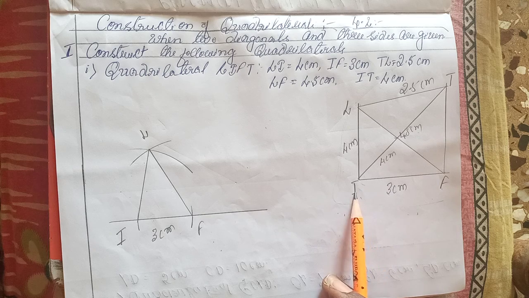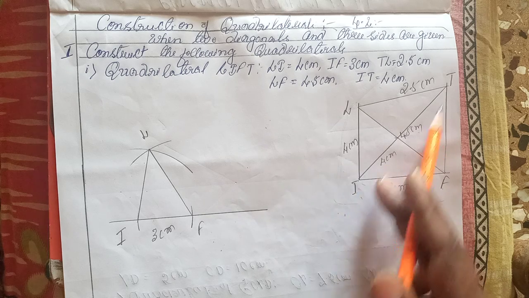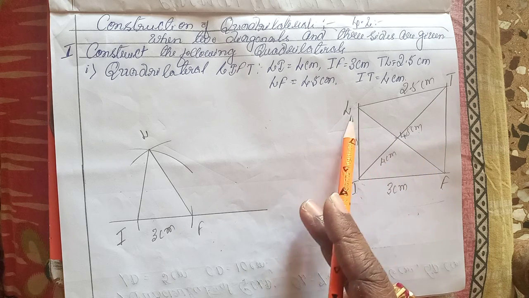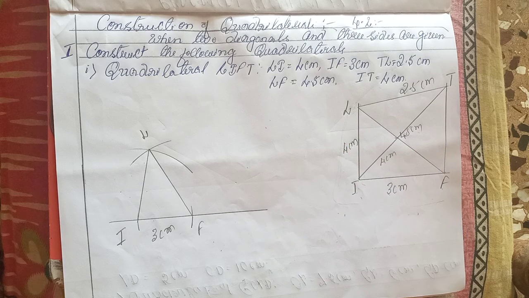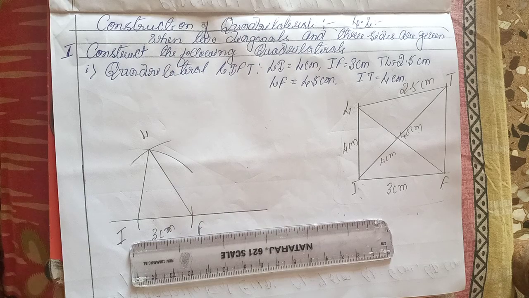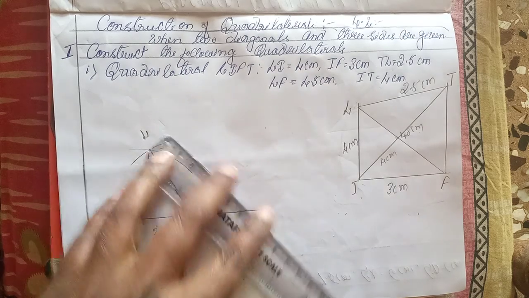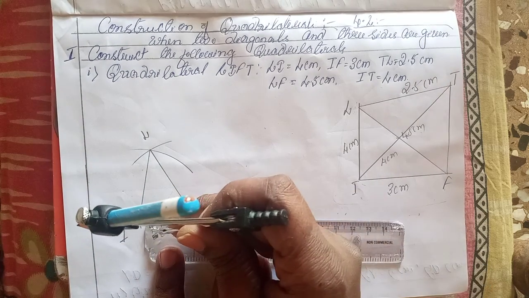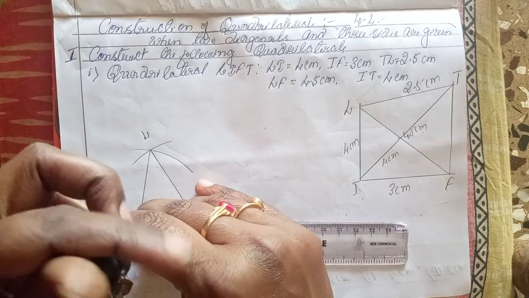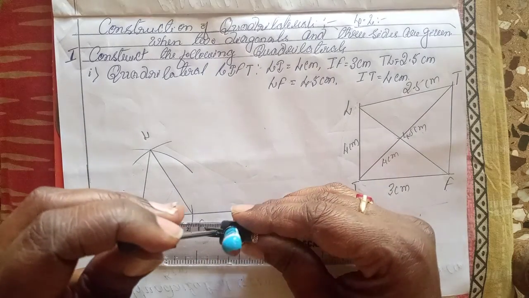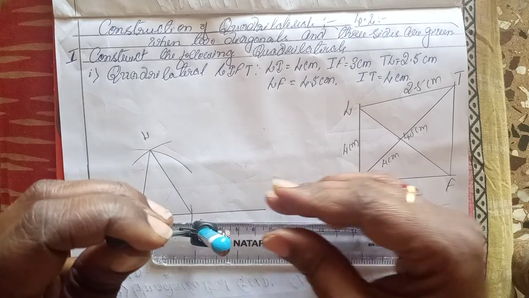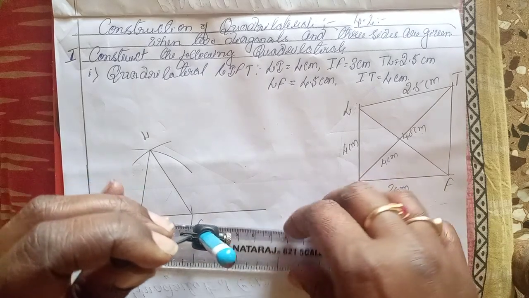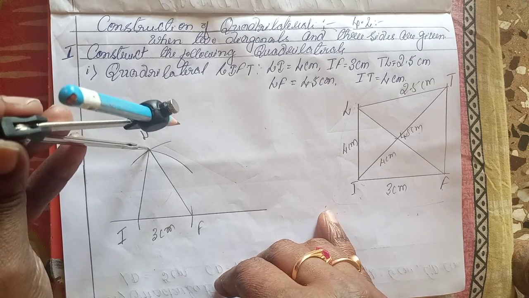Otherwise we are going to make LT 2.5 centimeter. Take the measurement of 2.5 centimeter like this, and cut an arc like this.